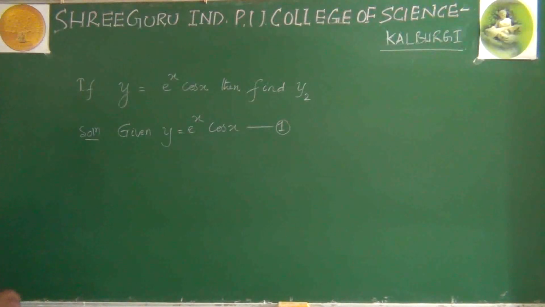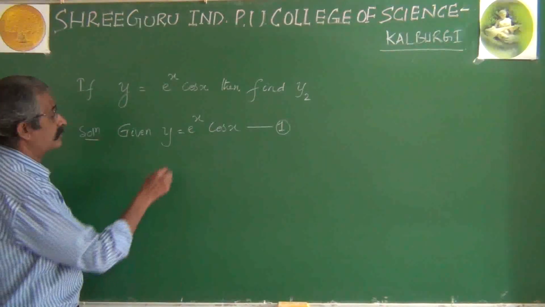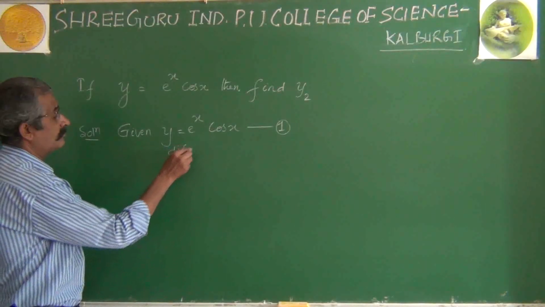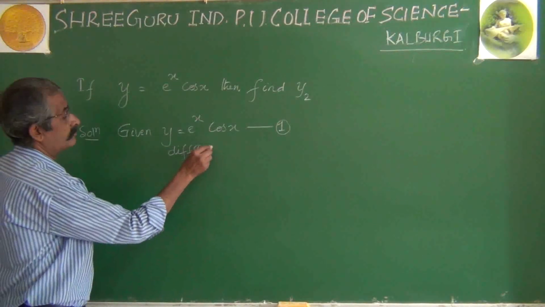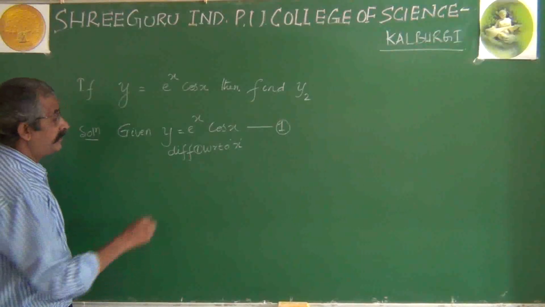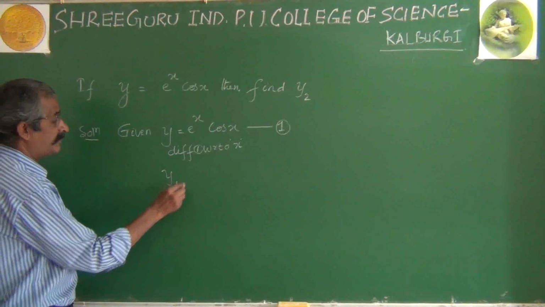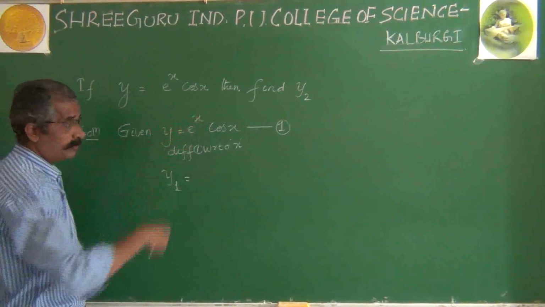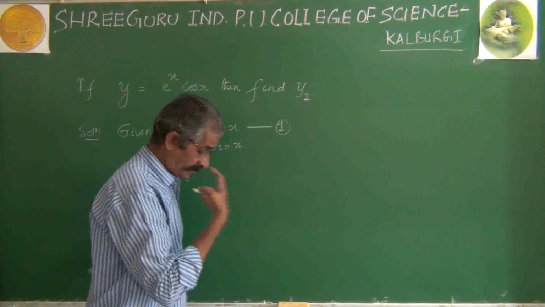So let's differentiate 1 continuously 2 times by known rules and formulas. Differentiating 1 with respect to x, left side y1, right side using the product rule because of the product of functions.